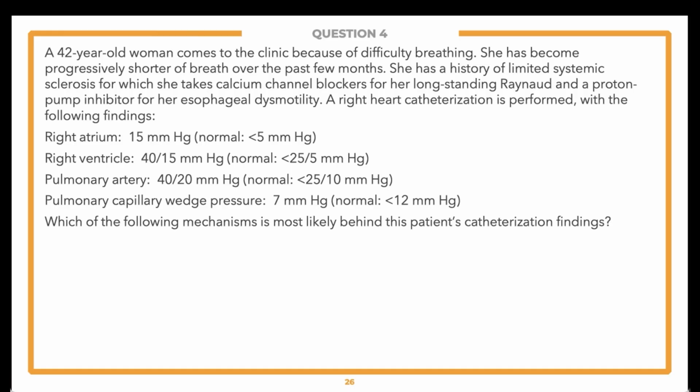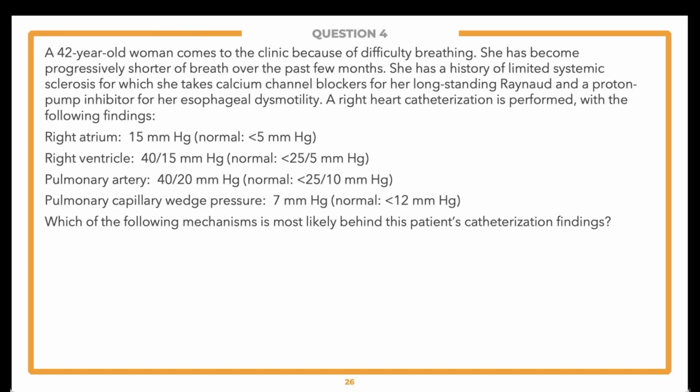A 42-year-old woman comes to the clinic because of difficulty breathing. She has become progressively shorter of breath over the past few months. She has a history of limited systemic sclerosis, for which she takes calcium channel blockers for her long-standing Raynaud and a proton pump inhibitor for esophageal dysmotility. A right heart catheterization is performed with the following findings. Okay, so I'm going to let you just look them over here.